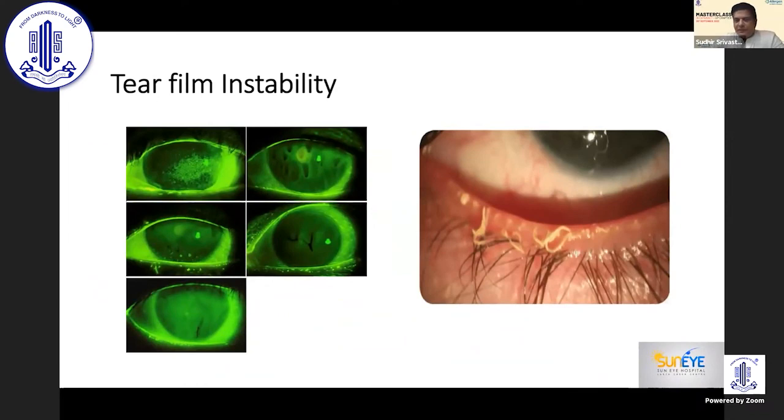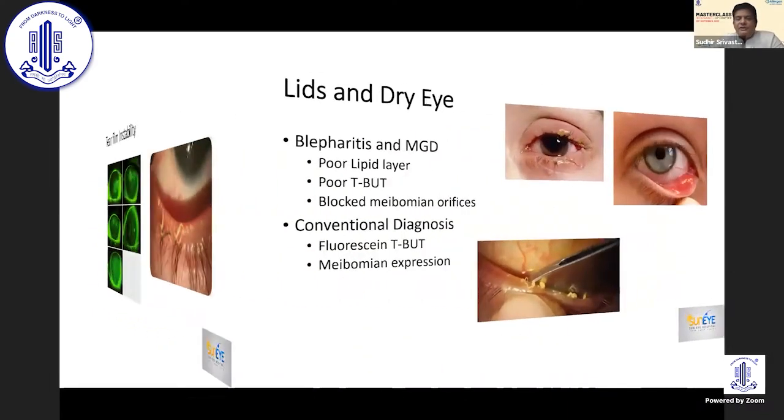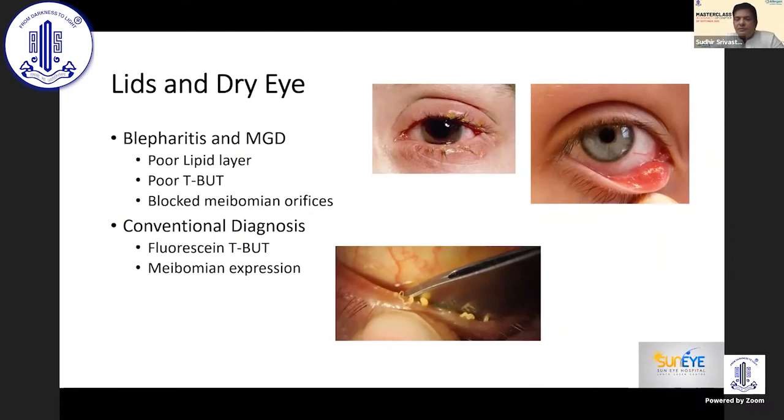Tear film instability is because of meibomian problems, and now it is an overdiagnosed problem, whereas previously it was underdiagnosed. For that we have to do a thorough slit lamp examination to analyze blepharitis and see the meibomian orifices and other things.